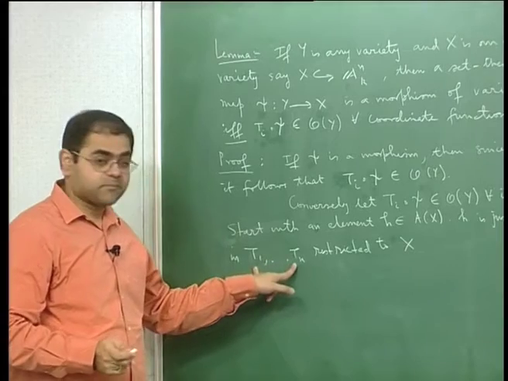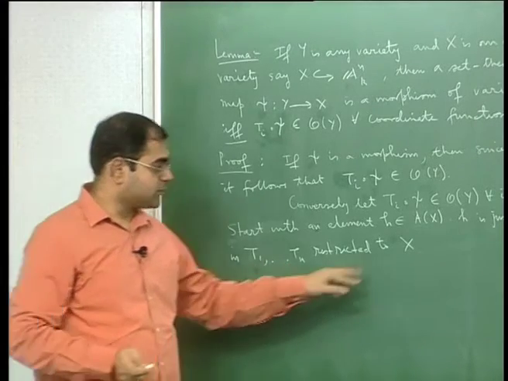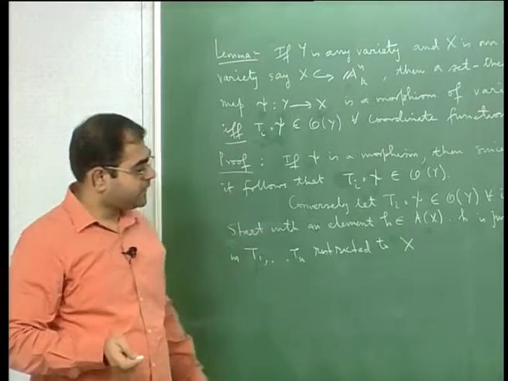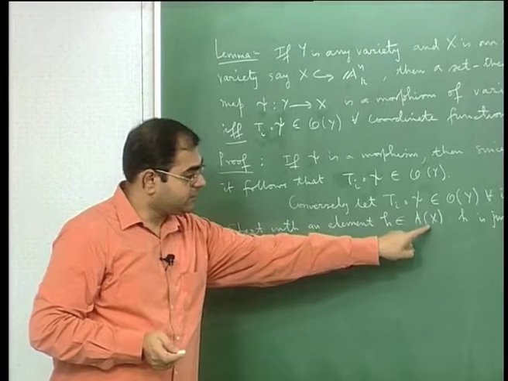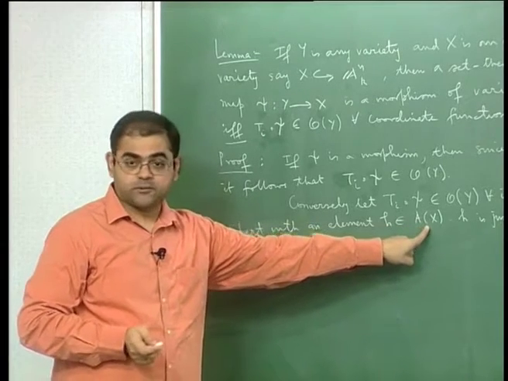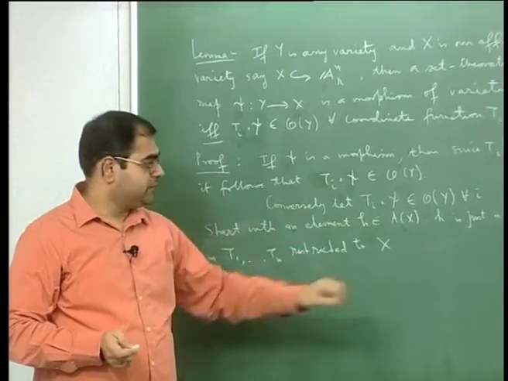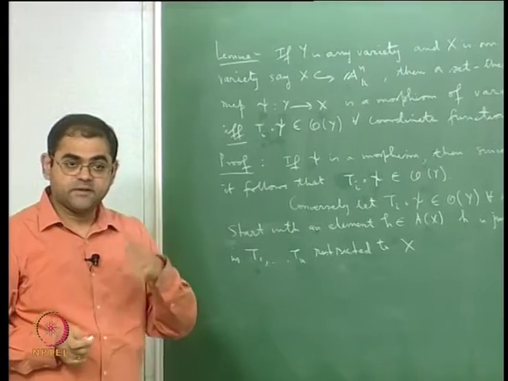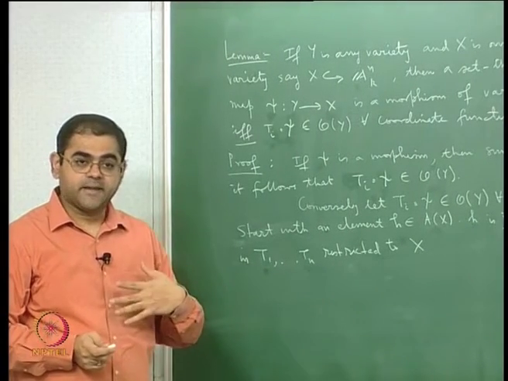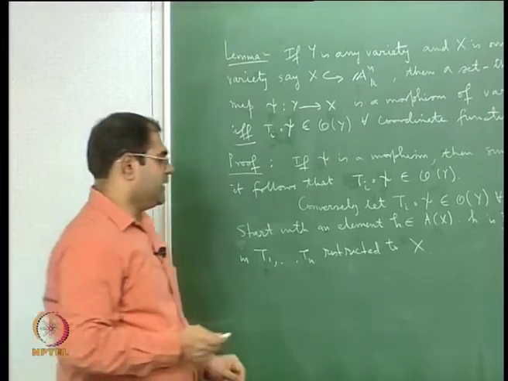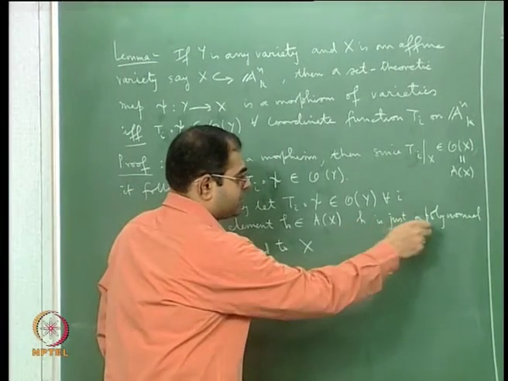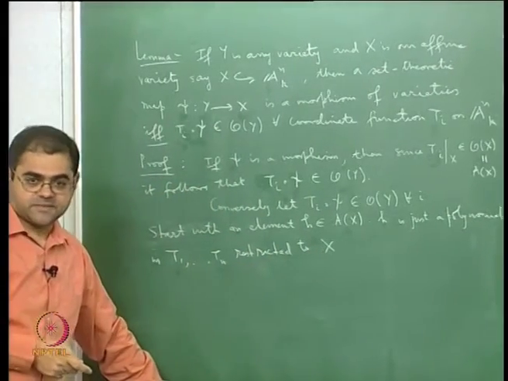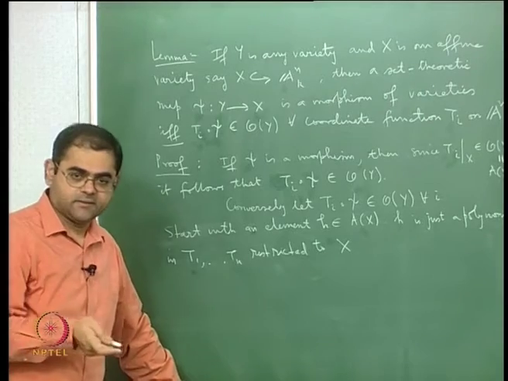So the polynomial ring generated by these is the set of all polynomial functions on the affine space in which X sits, and any element in the ring of polynomial functions on X is the restriction of a polynomial to X. Of course the function is uniquely defined, but the polynomial is not uniquely defined. It is defined only up to addition by an element of the ideal of X. So choose a polynomial that represents H, and call that also H.